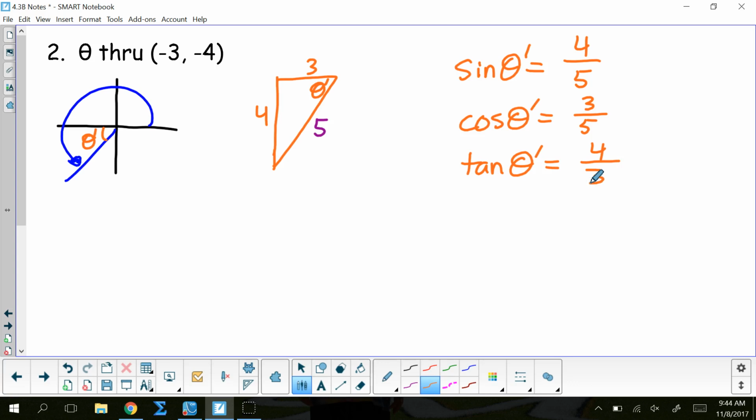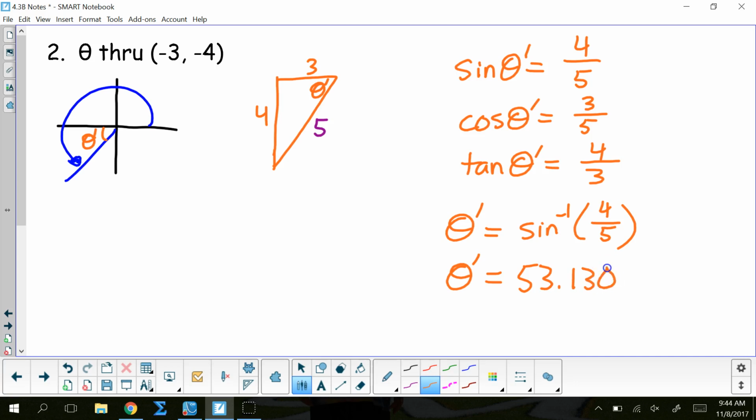Using one of those, we would then find theta prime. I'll just use sine just because it's the first one listed. That gives me a reference angle here in degrees of 53.130 degrees, or that is 0.927 radians. Agree?